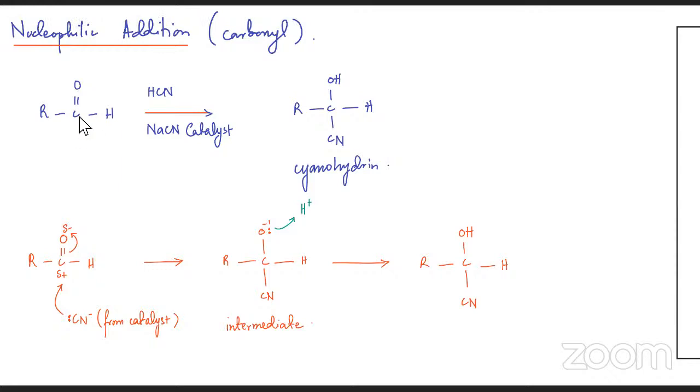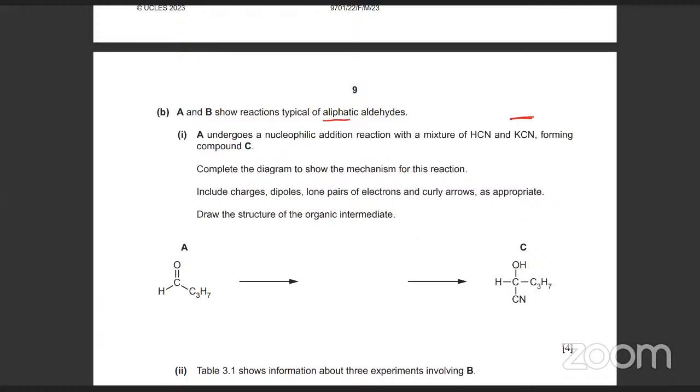When you have an aldehyde or a ketone, the carbon over here is partially positive. So the CN minus is going to get attracted to this carbon and bond with it. The double bond electrons are going to get repelled. So HCN में जो H है, that's going to come and bond with the O at the top. That is the reaction that's going to happen.